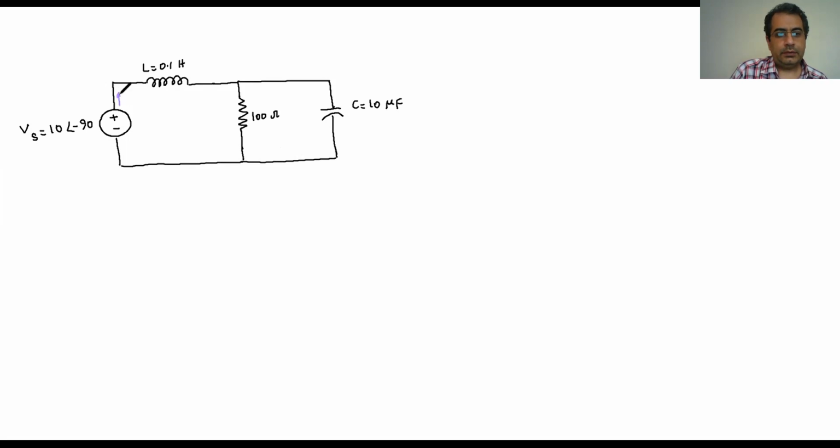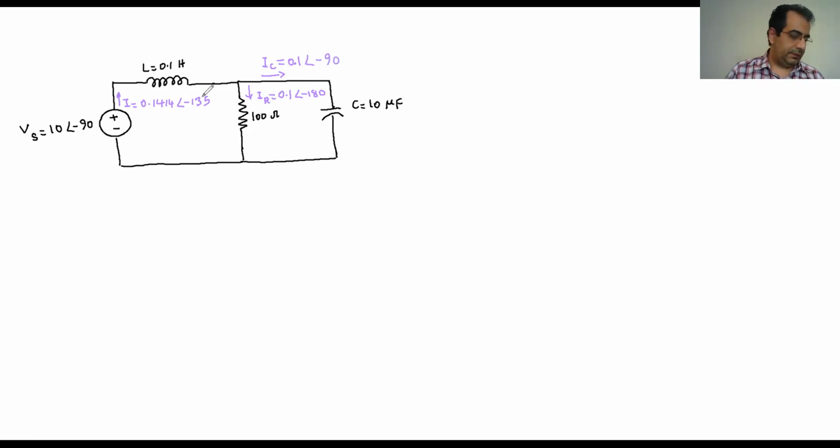The I is 0.1414 with angle of negative 135, and the I that goes through the R is 0.1 amp with angle of negative 180, and the I that goes through the C is going to be 0.1 with angle of negative 90.